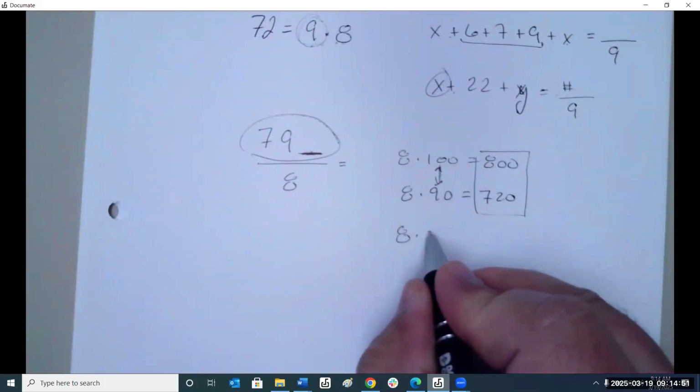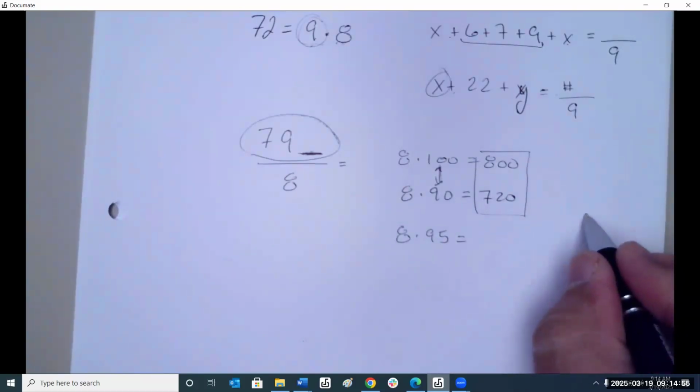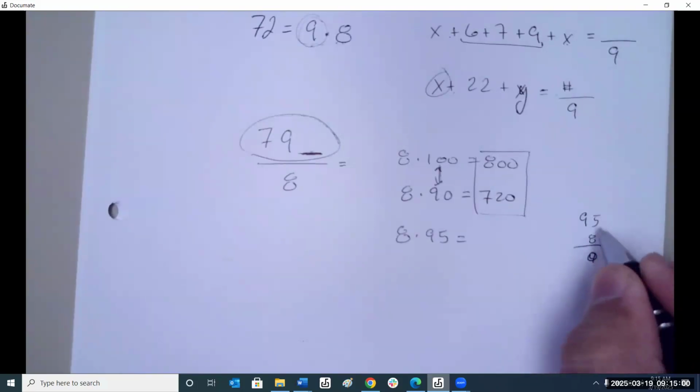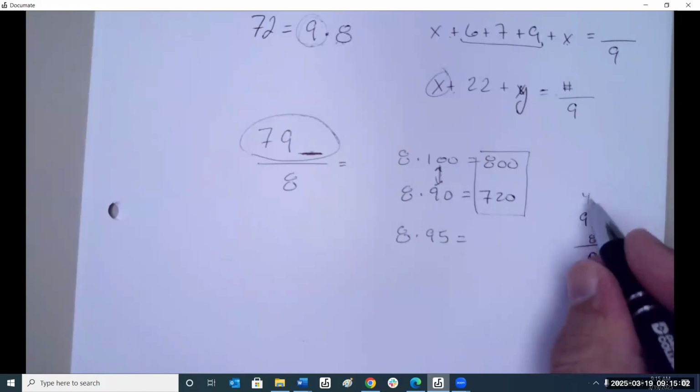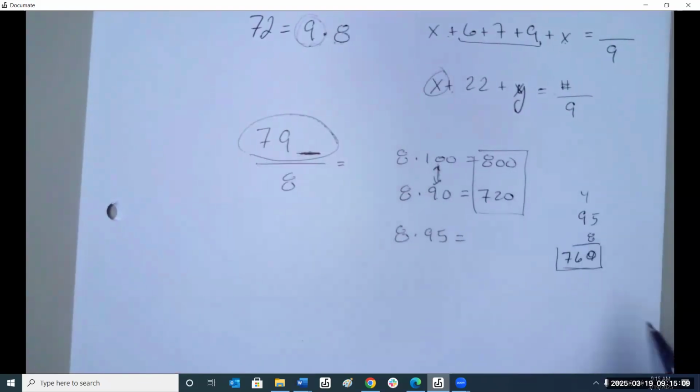Eight times 95. Eight times 5 is 40. 72 plus 4 is 76. Okay, that could be in there, but that's not 79.